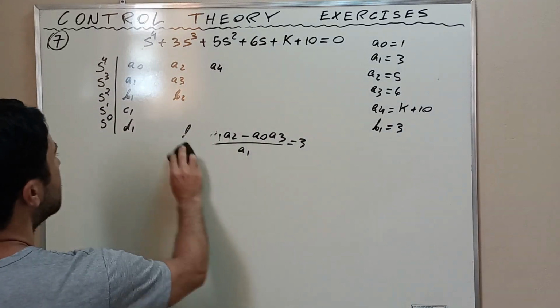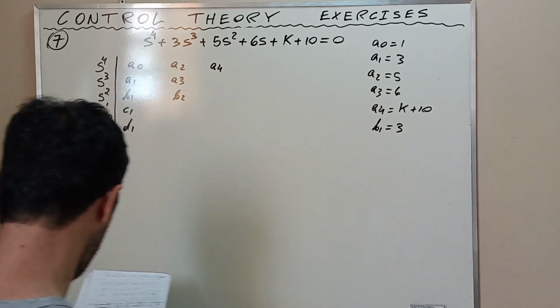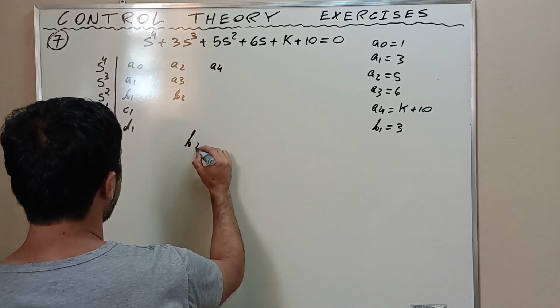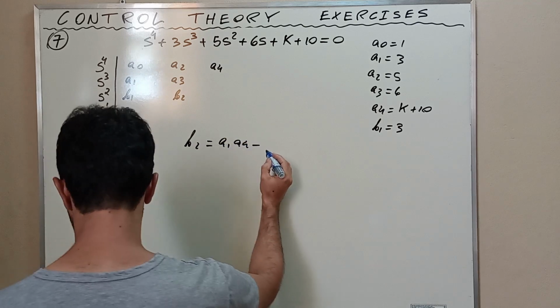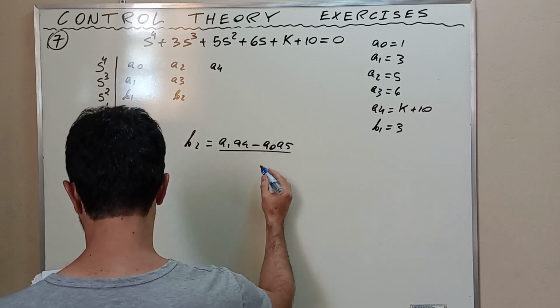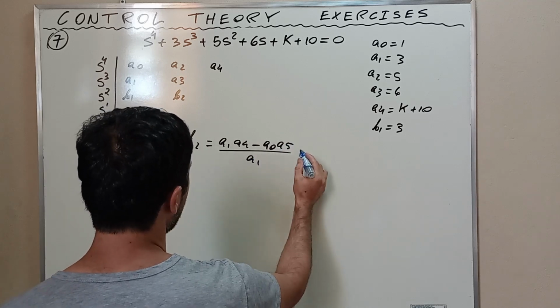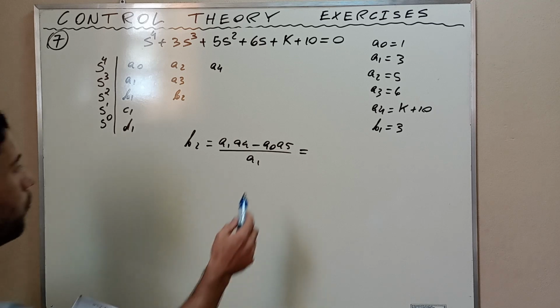Let's calculate now B2. B2 is equal to A1 A4 minus A0 A5, divided by A1. And we already have everything here. A5 is 0.